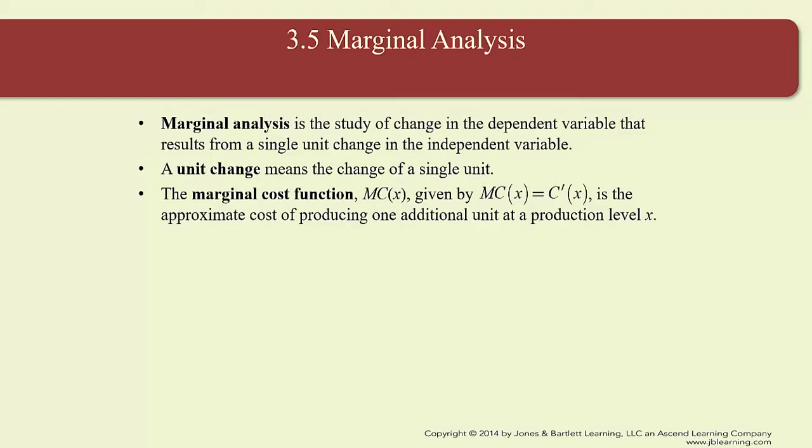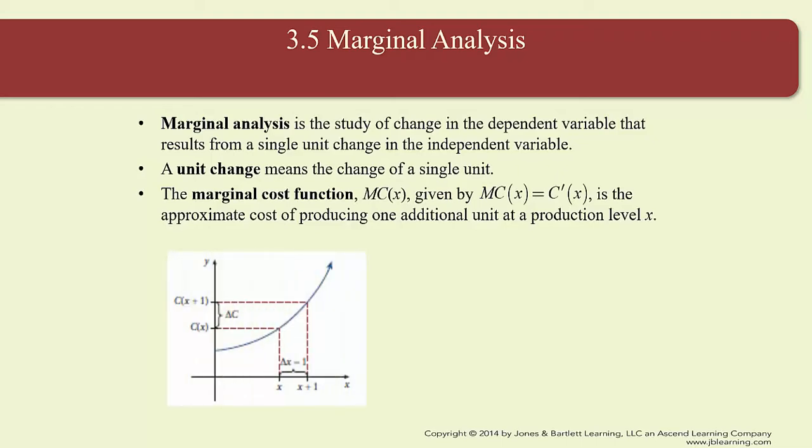So if you're at a production level of, say, 500, marginal cost will give an approximation of the cost if you were to produce the 501st unit. And like I said, this is basically the differential concept that we learned in section 3.4.